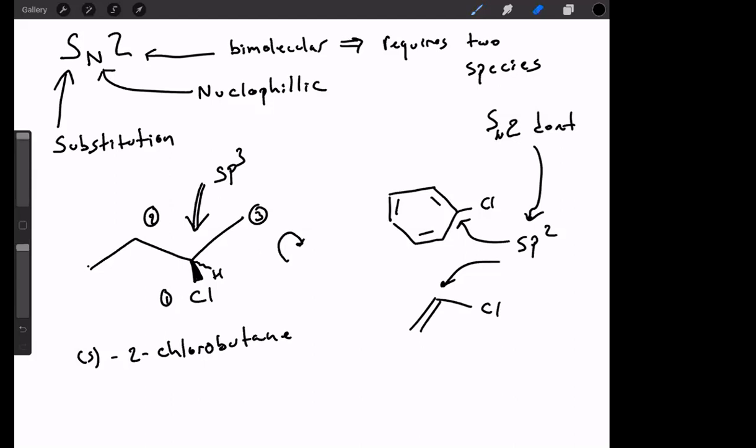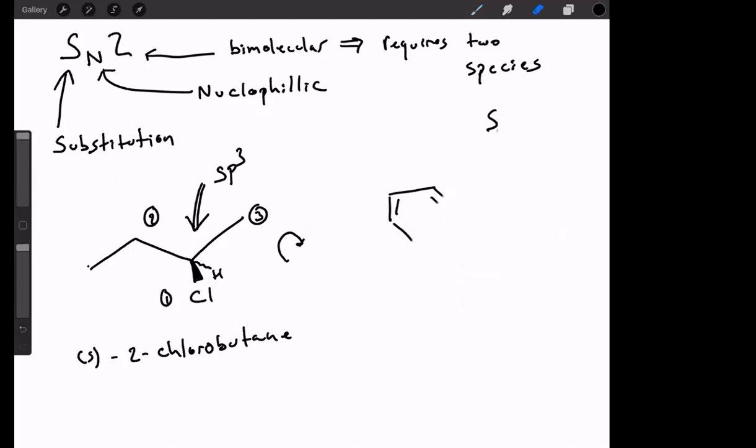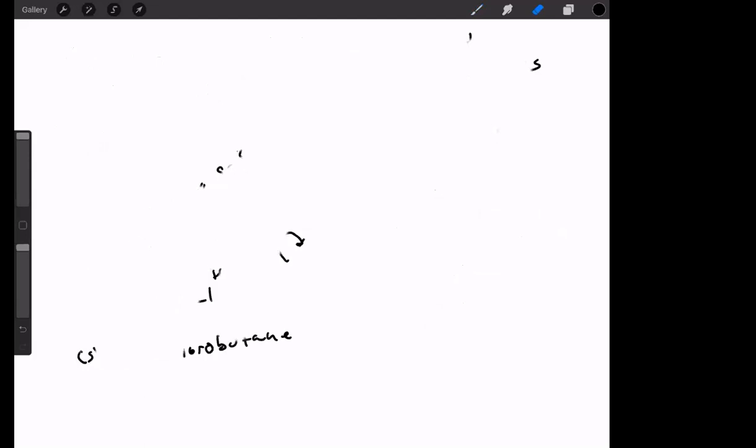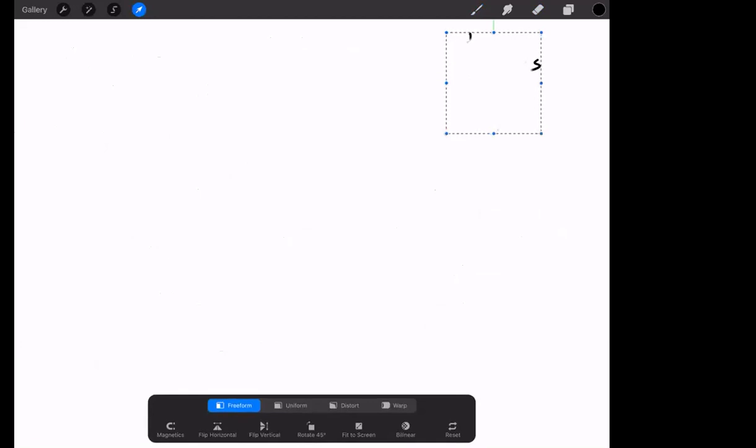Now, in general, the chapter talks about 2 different situations. The first situation it talks about is substitution reactions. The general idea for a substitution reaction is when you have an alkyl halide, it reacts with some sort of nucleophile.